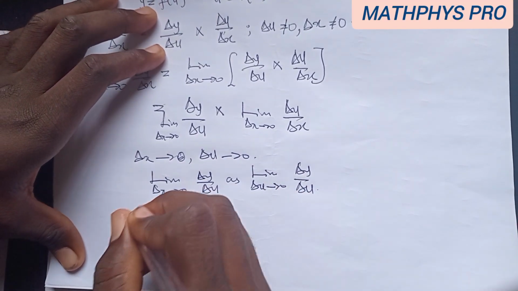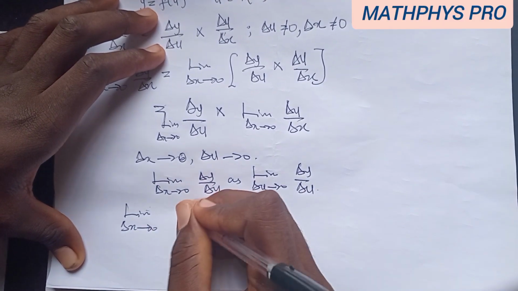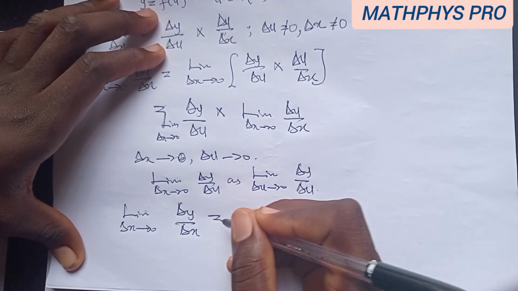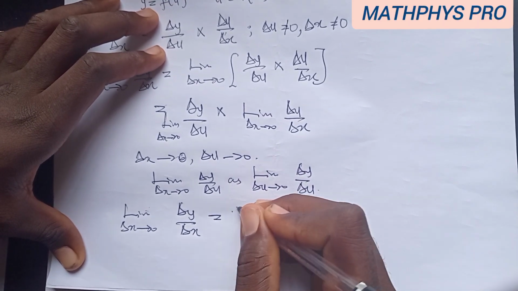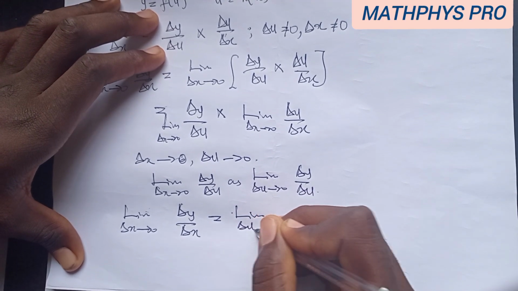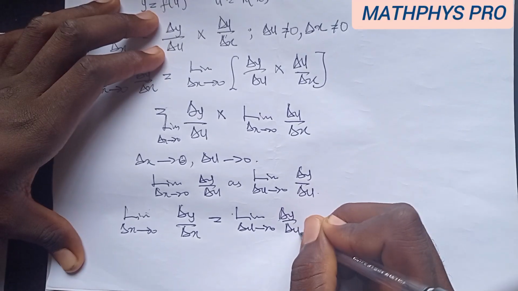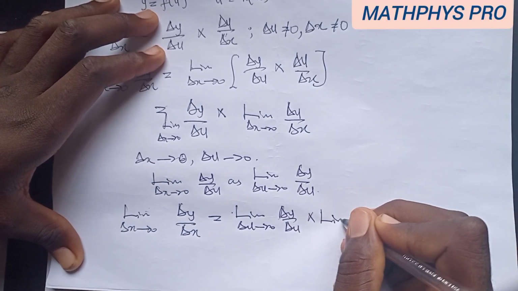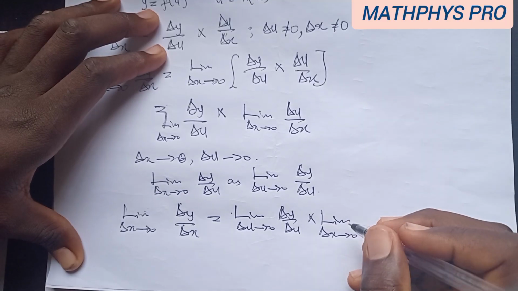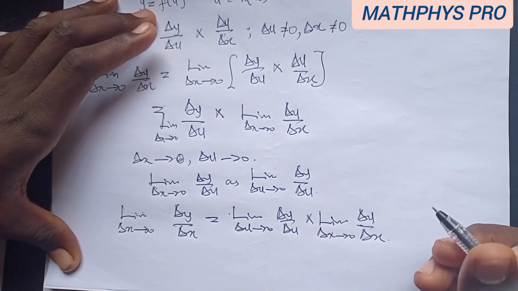So now the limit when change in x approaches 0 of change in y over change in x, which is dy dx, is equal to the limit when change in u approaches 0 of change in y over change in u times the limit when change in x approaches 0 of change in u over change in x.